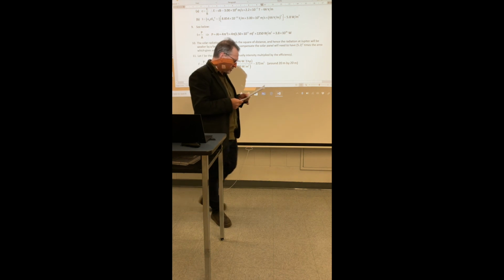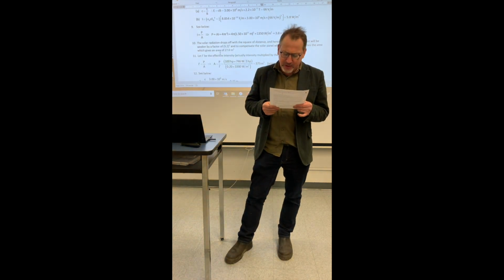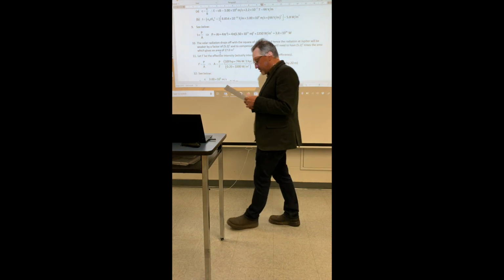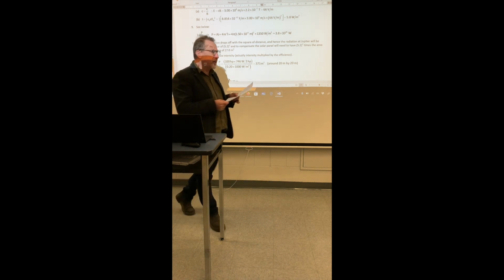Question 10, what size should the solar panel on a satellite orbiting Jupiter be if it is to collect the same amount of radiation from the sun as a 1 square meter solar panel on a satellite orbiting the Earth? And we're given the distance of Jupiter from the sun is 5.2 astronomical units. Well, the radiation is dropping off as a square.